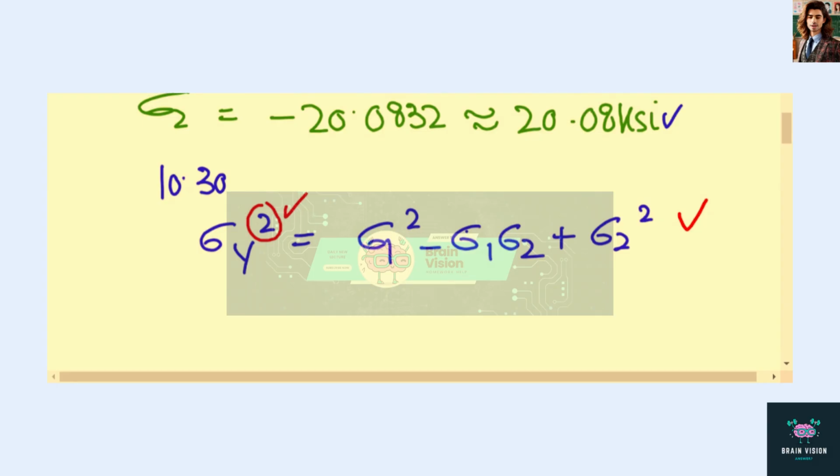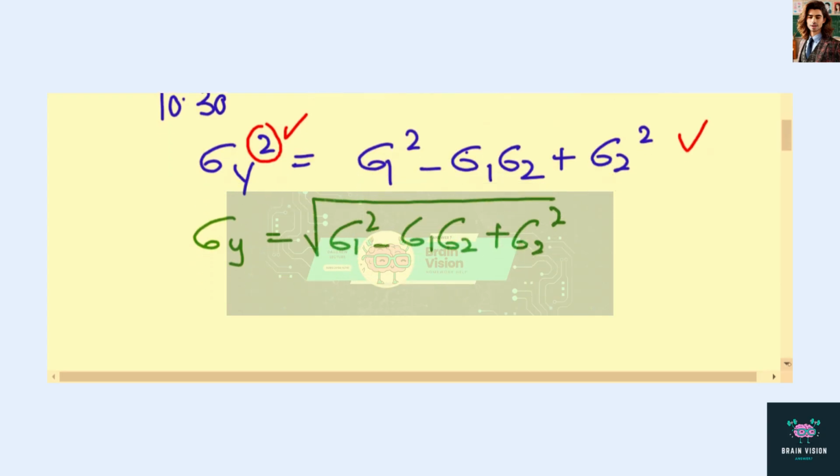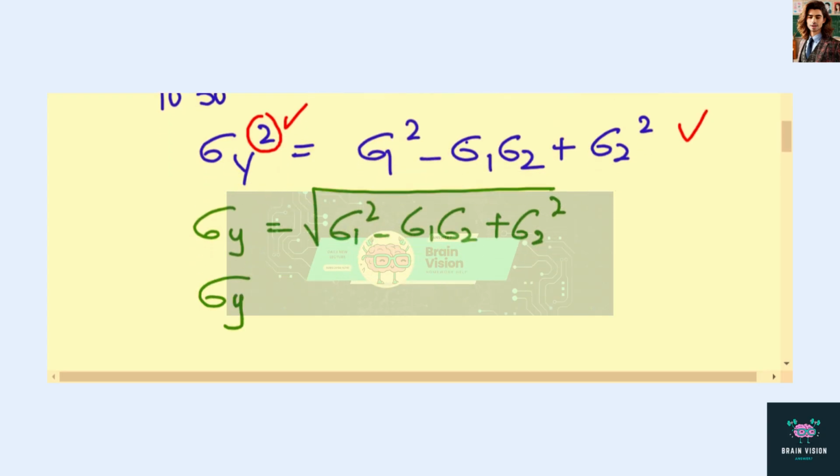So we get sigma sub y is equal to the square root of sigma sub 1 squared minus sigma sub 1 sigma sub 2 plus sigma sub 2 whole squared. Just plug in the values and we'll get that sigma sub y is equal to 41.9097, approximately 41.91 ksi.